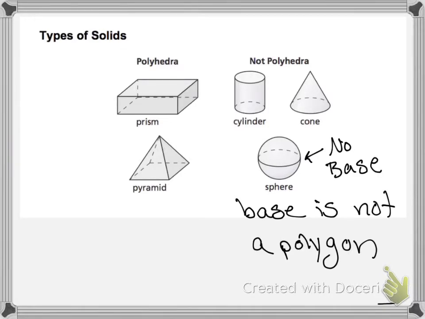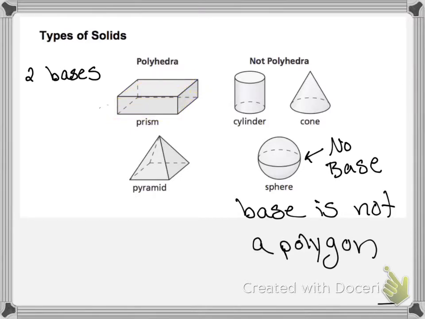Okay, so our prism right here is made up of two bases. Our one base would be this one up top. The other base would be this one on the bottom. And then it has rectangles for all the other sides.